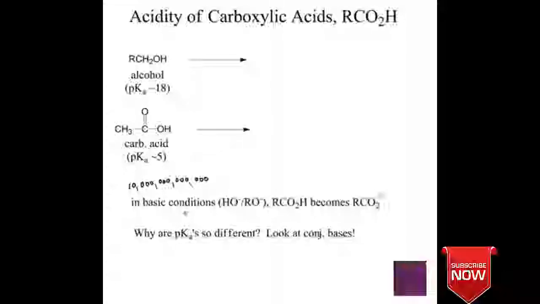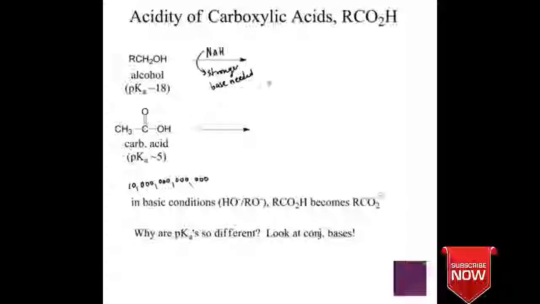And so we'll talk about why that is in just a second, but right away let's think about the choice of base. If you wanted to deprotonate an alcohol, it's not a very easy thing to do. You have to use an extremely strong base. We use something like sodium hydride. Okay, a stronger base is needed.